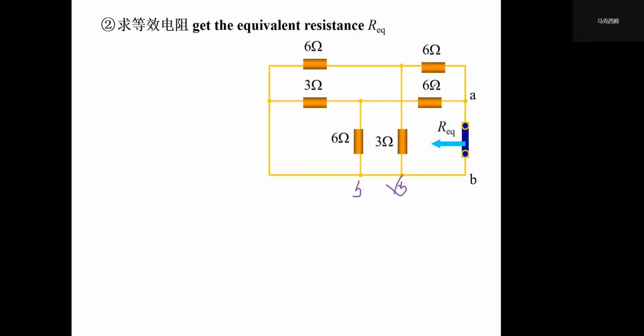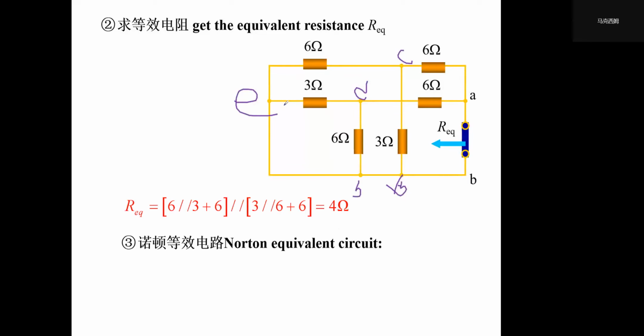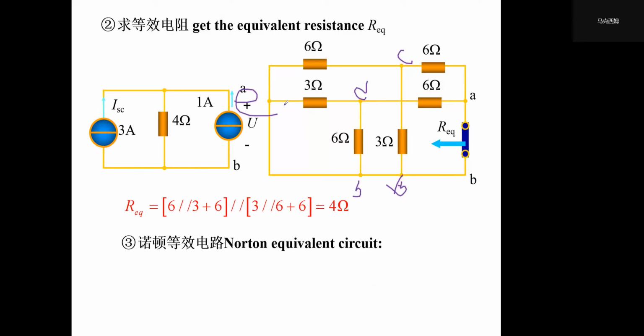Still, we have to figure out a way. So we can see the corresponding equivalent resistance here. So we can have the Norton equivalent circuit here, like this one, a 3 ampere current source and 4 ohm resistance. So this is it.